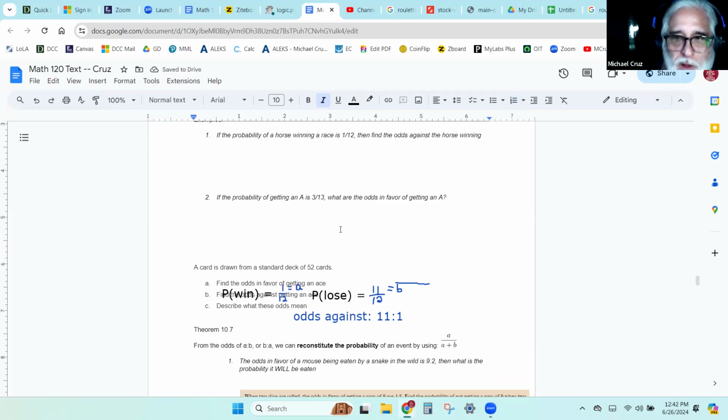If the probability of getting an A is 3/13, then the probability of no A is going to be the complement. What would the complement be? Subtract 3 from 13, that gives us 10.